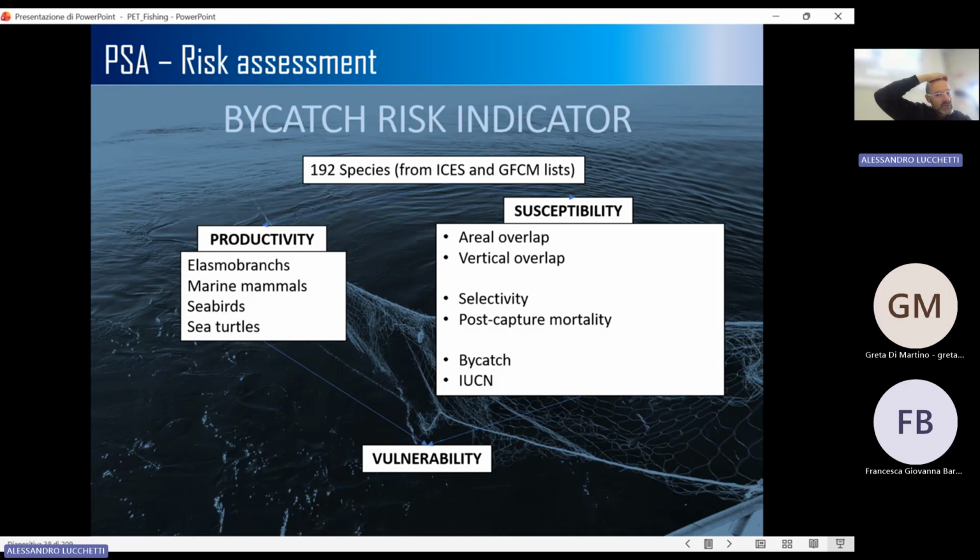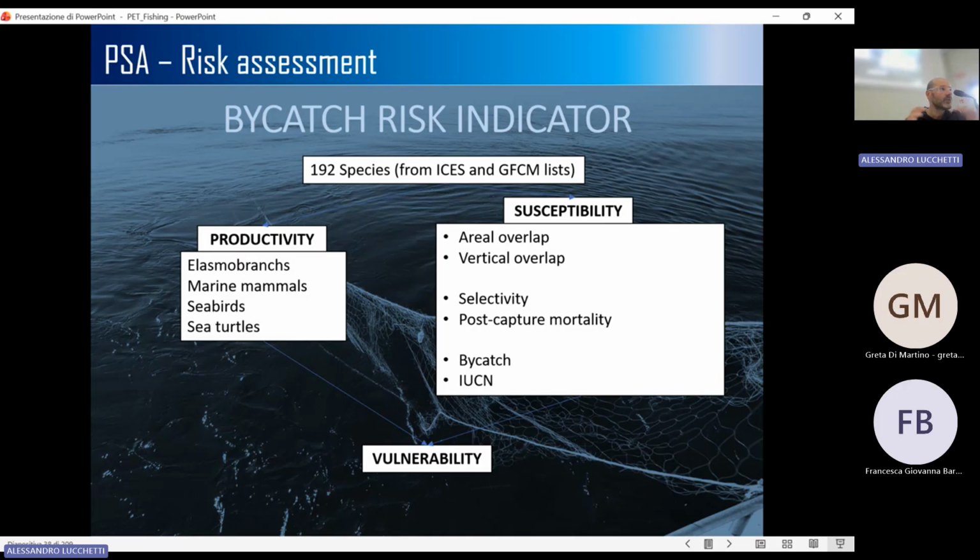One of the most famous approach is this one that we are dealing with in the last few years, which is the productivity and susceptibility analysis, the PSA, because you have the productivity, which is a parameter that concerns the species, the biology, and the susceptibility that mostly relate to the fishing gear and to the area.